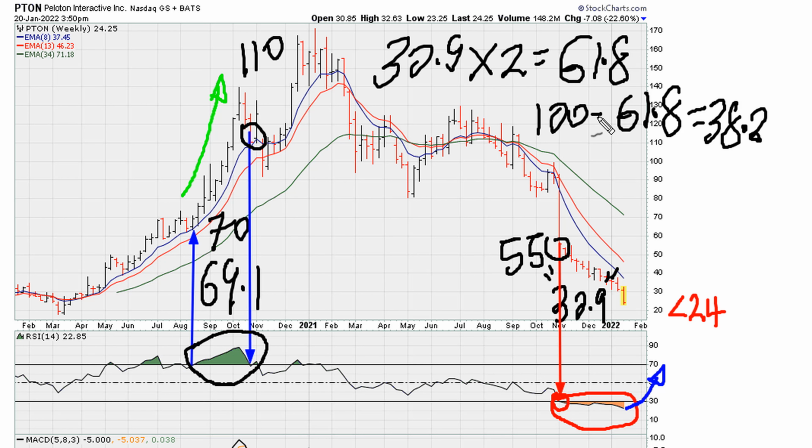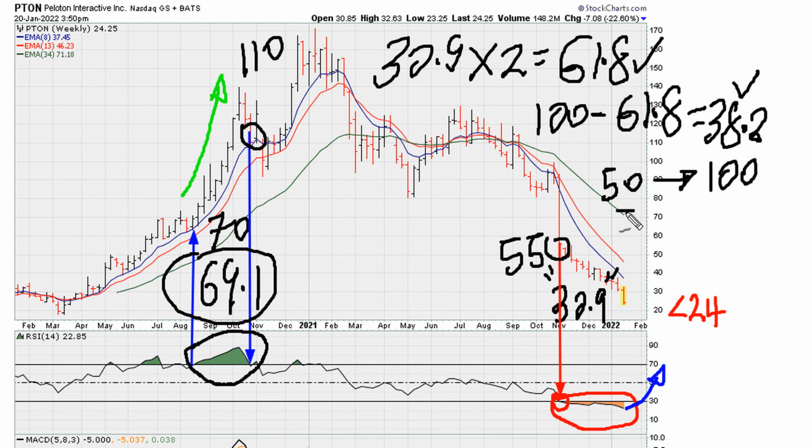Now, if you're trading, you should know these numbers by now. This one and this one. Now, between 50 and 100, 38.2% between 50 and 100 is at 69.1.